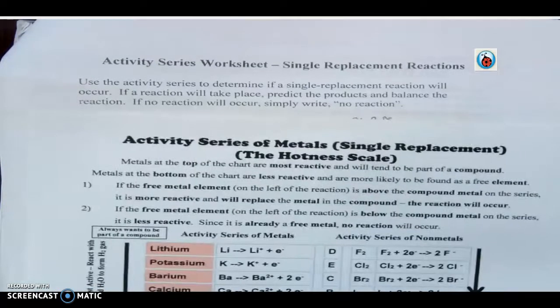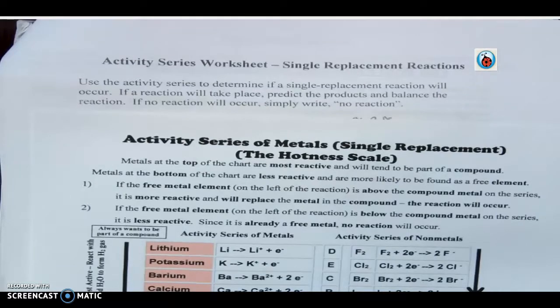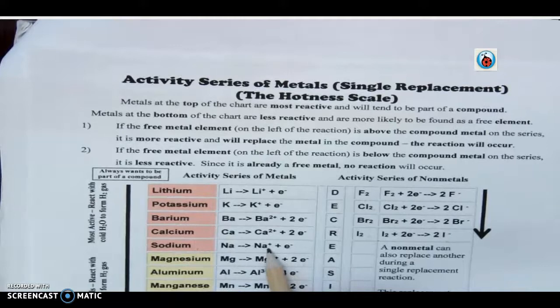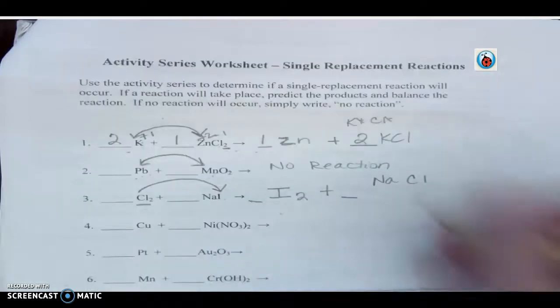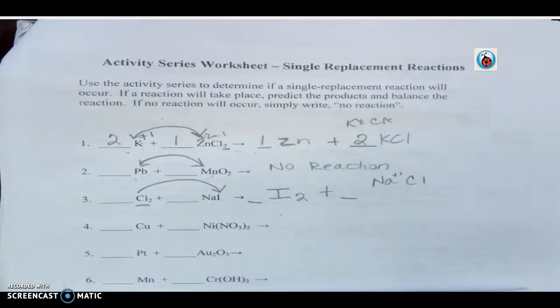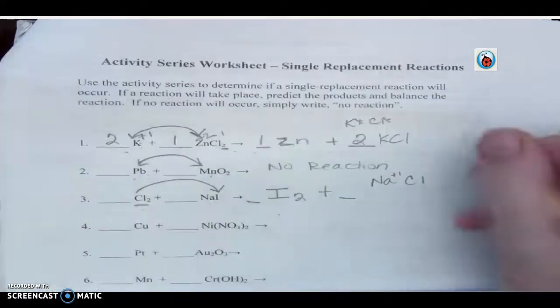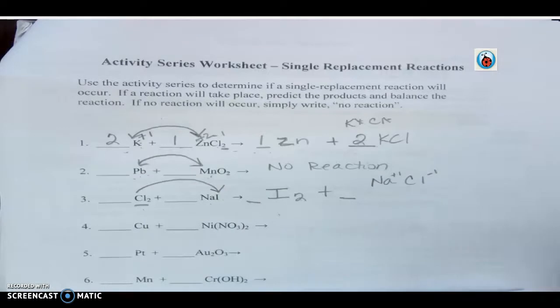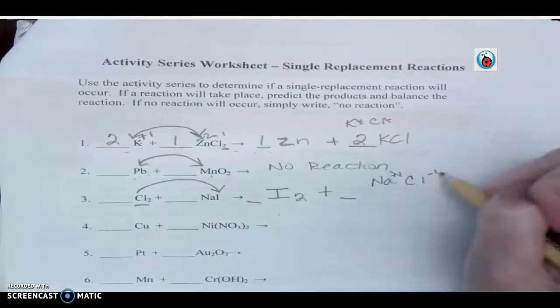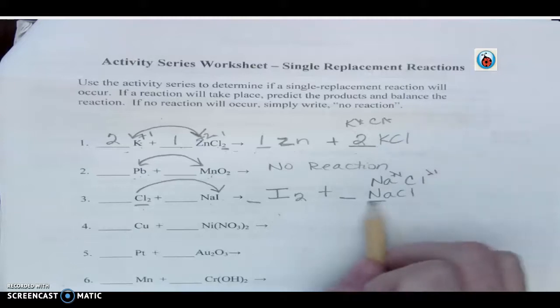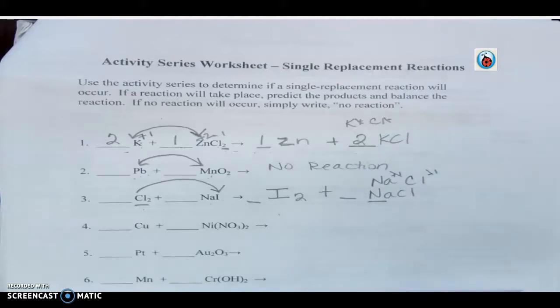Let's go and get our charges. Sodium, we know, is a +1, and chlorine, over here in our nonmetals, is a -1. A +1 and a -1 cancel each other out, so my formula is NaCl. And remember, your positive ion's always in the first position. Don't ever put your negative ion in the first position.